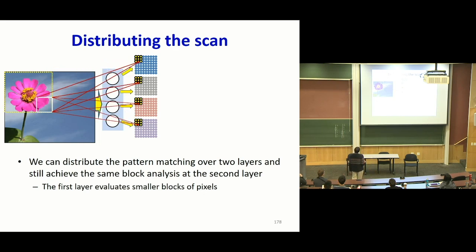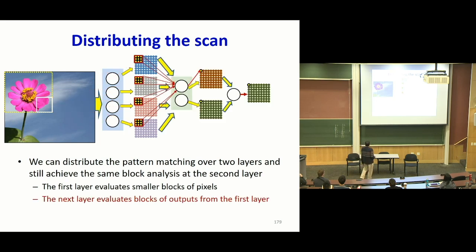Because the first neuron is looking at small blocks. But then if I want to look at the larger block, what will I do? The neurons over here are going to look over squares of size 9 in the first block. This should partially answer your question, right? I can keep recursing this logic to make it simpler and simpler.